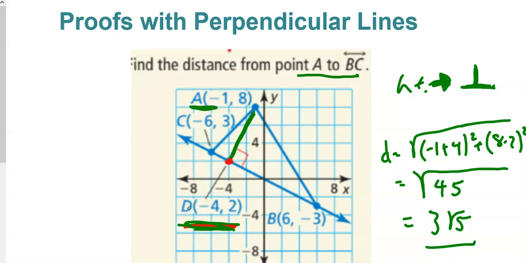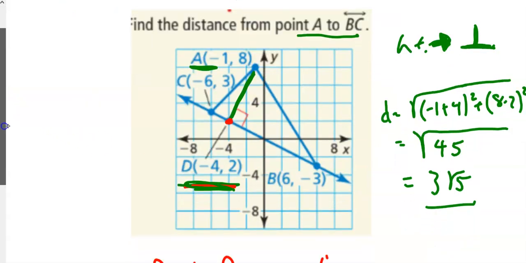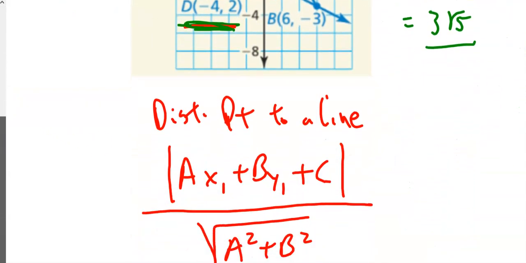However, there is a formula that will find the distance from a point to a line using the standard form of the equation. So again, standard form, a little review of what we did before. You need to have it where the constant is on the left-hand side. A, B, and C are integers.